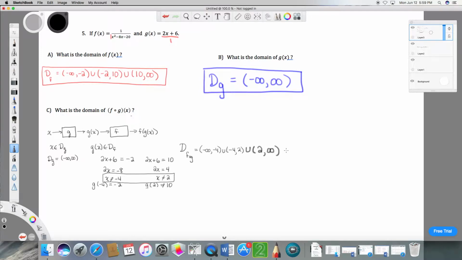This is the interval notation for the set of all real numbers, excluding -4 and also excluding +2, and that's our answer for the domain of f composed with g.